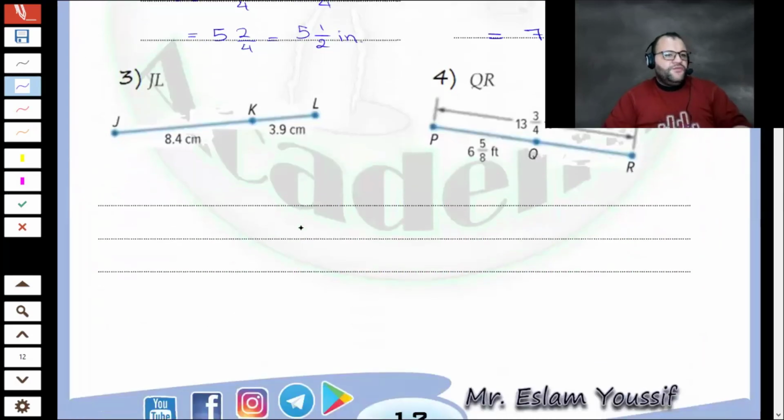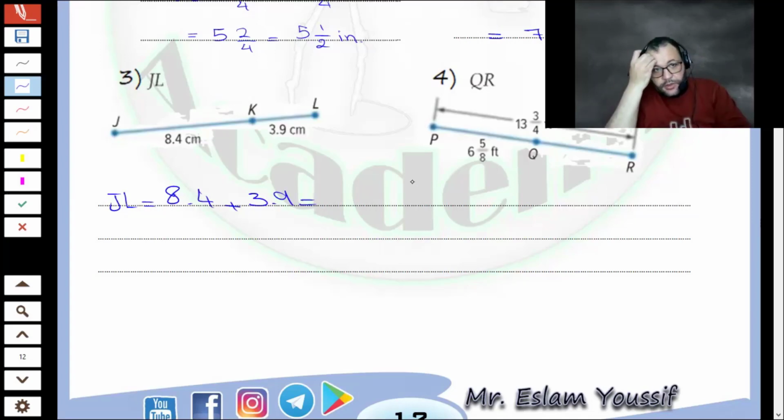So number 3, how do we find it? You add, Zaki. 8.4 plus 3.9, which equals? Without using a calculator, please. I think 12.2.